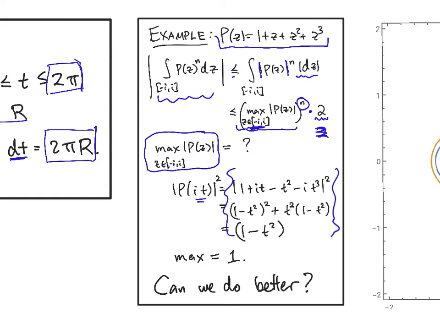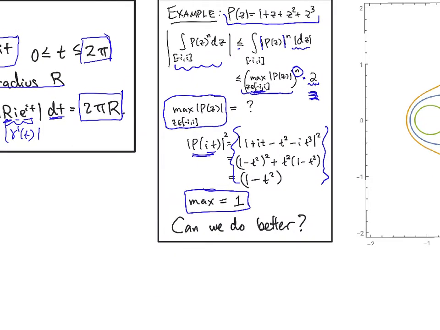So the maximum occurs at t equals 0, and so we get the maximum as 1. And so we get this estimate for these powers. We get this bounded by 2 independent of n.